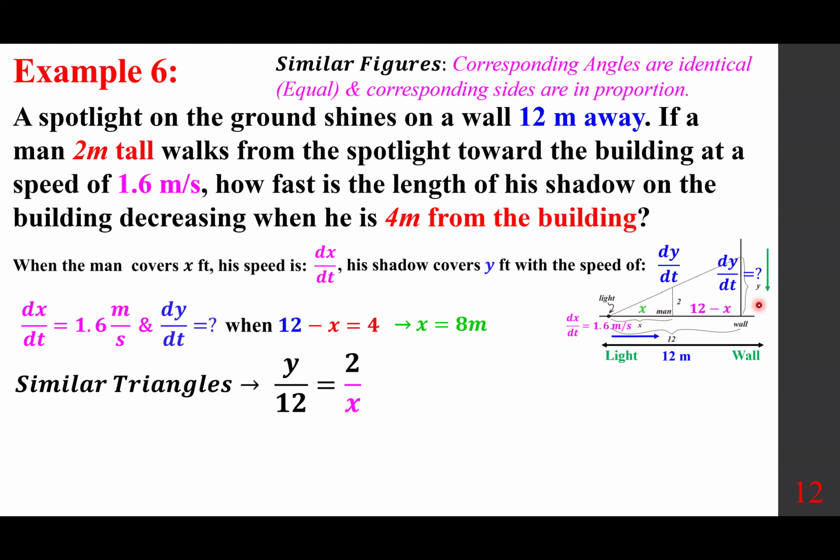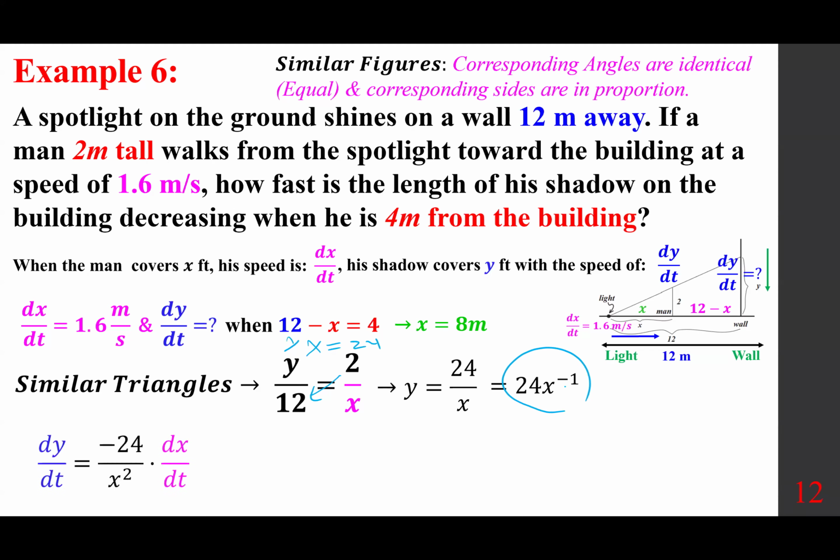And cross product: y times x equals 24, and y is 24 over x. And we are going to differentiate. So I'm going to rewrite this as 24x to the power of minus 1. So it becomes clear that when you differentiate, this is 24 times negative 1, x to the power of negative 2, so minus 24 over x squared times dx/dt.